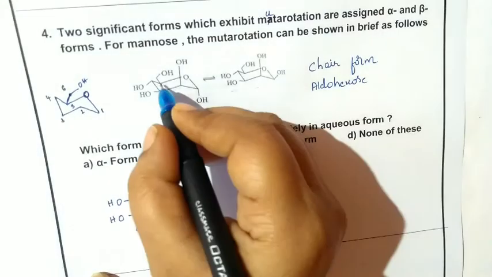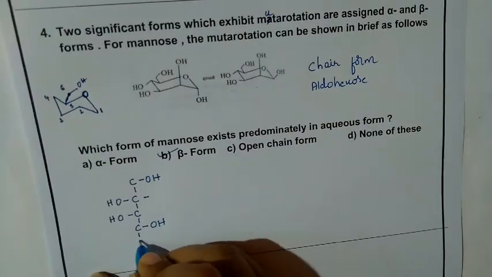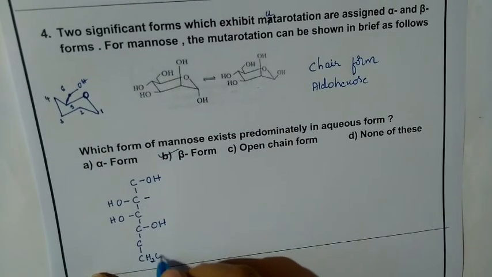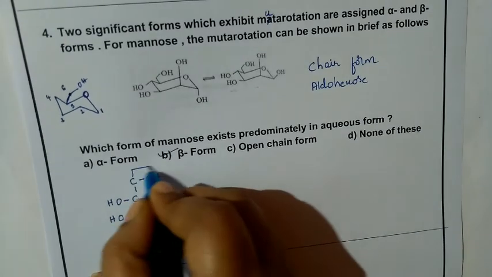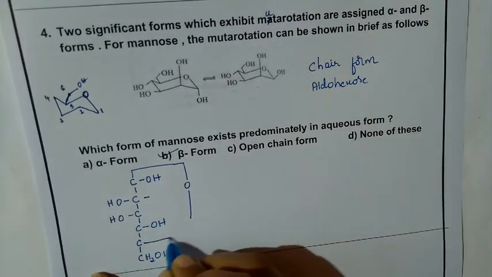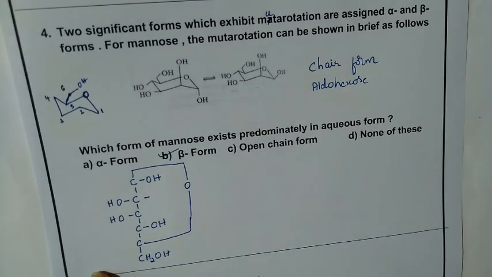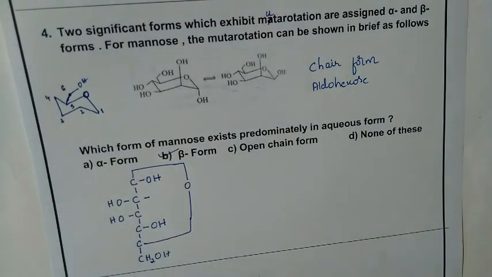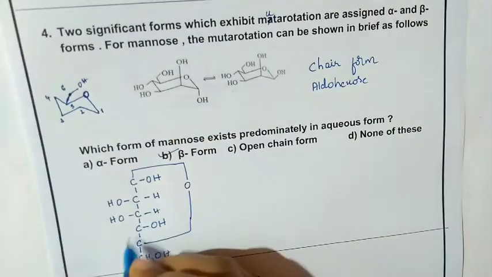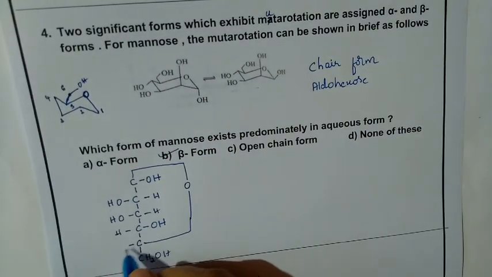Fifth one has no OH group. Why no OH group? The fifth one is involved in the bond to the oxygen ring. So this is what the compound looks like.